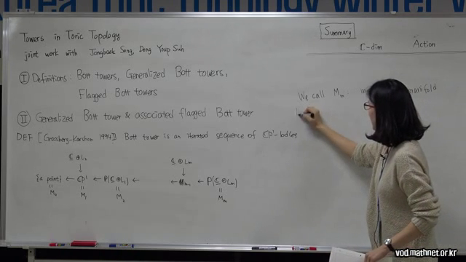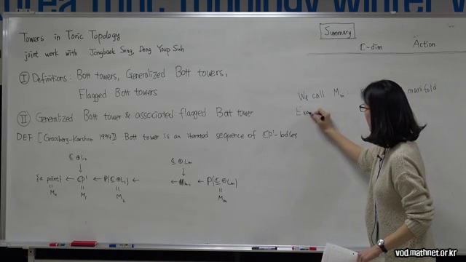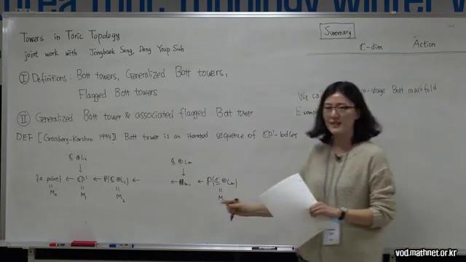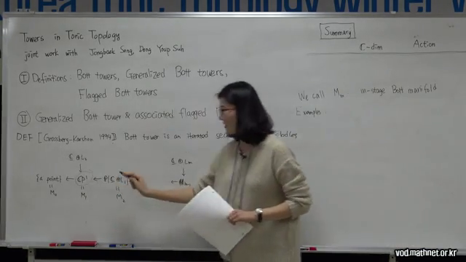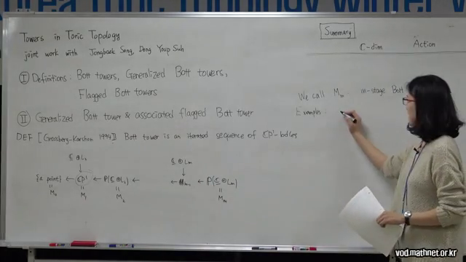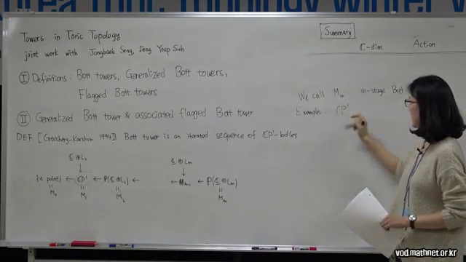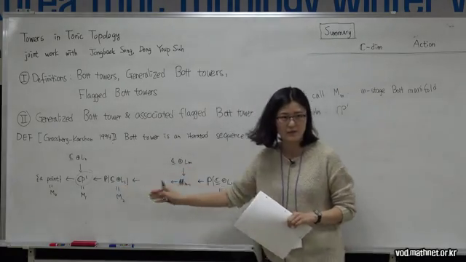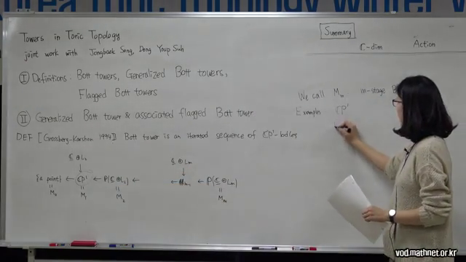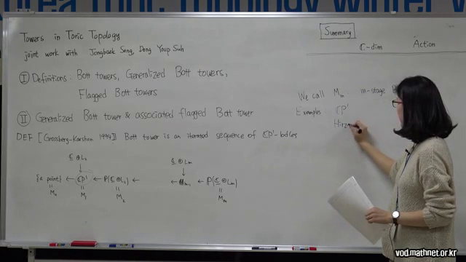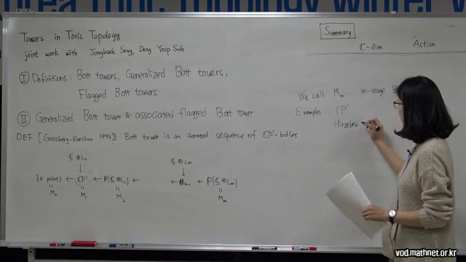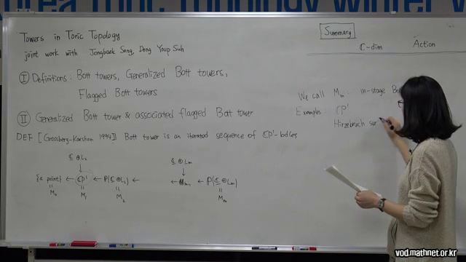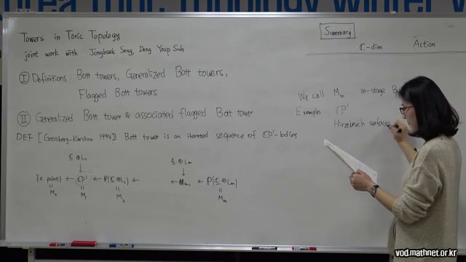And then there are several examples. As you can see, CP1 is always a Bott tower. This is one of the trivial examples. And also, Hirzebruch surfaces are also Bott towers.